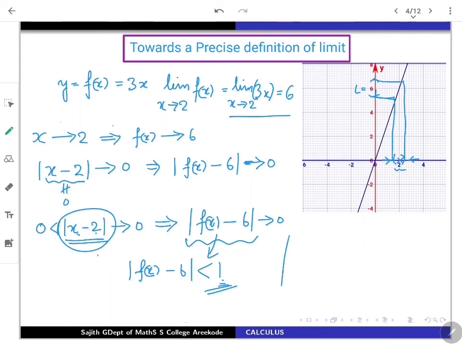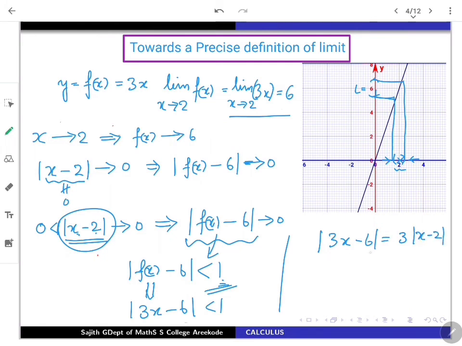So how will you find out? See, just look at mod f of x minus 6. It means this is actually 3x. So modulus of 3x minus 6, I have to make it less than 1. Rewriting it, modulus of 3x minus 6, I can take 3 out and get 3 times modulus of x minus 2.